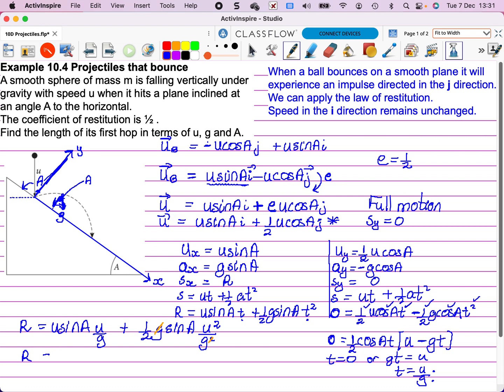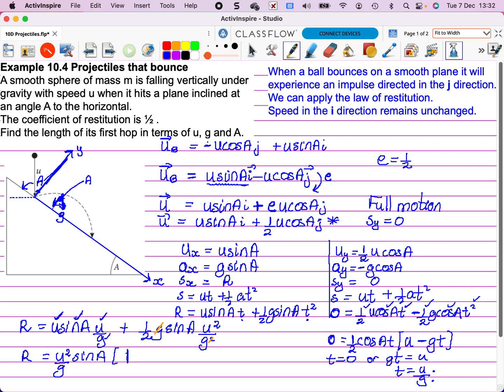So what's the common factor? Well, u squared is a common factor, so we can bring that out on top. On the bottom, g is a common factor, and we've also got sine A as a common factor. And what's left in the bracket? Well, we've taken out the u, the sine A, the other u, and the g. So we've taken out everything, then what's left is 1.